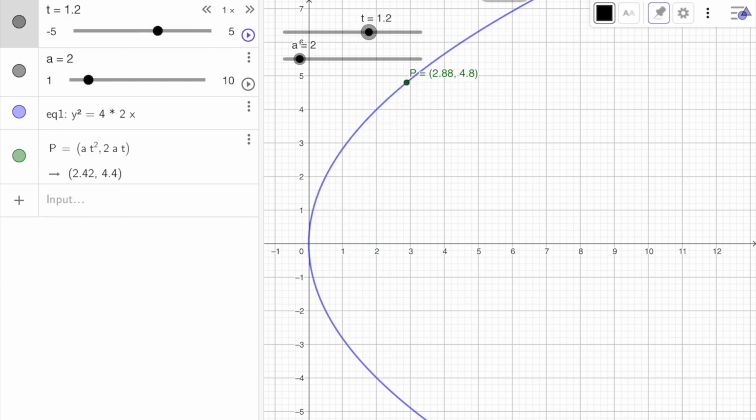When t is positive, the point will be on the upper part of the curve. When t is negative, the point will be on the lower part of the curve. So this curve y square equal to 4ax opens to the right side. It's an open unbounded curve.